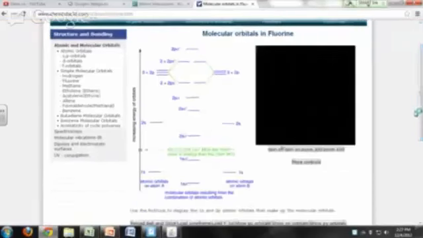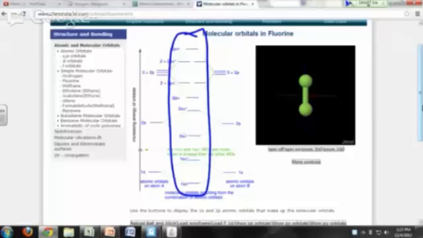Down over here you have an energy level diagram arranging those orbitals in order of increasing energy. So in the case of fluorine, the lowest energy molecular orbital is known as the 1s sigma. And what are the atomic orbitals that contribute to the 1s sigma? The 1s orbital of one atom.